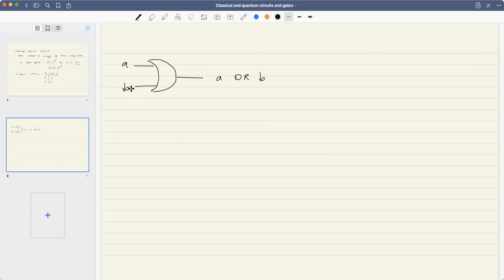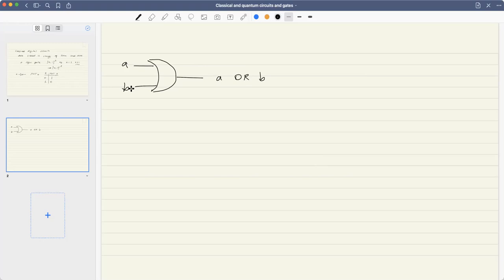This is related to basic logic. Suppose 1 corresponds to true and 0 corresponds to false. Our understanding of OR is that when we say A or B, it is true when at least one of them is true, right?